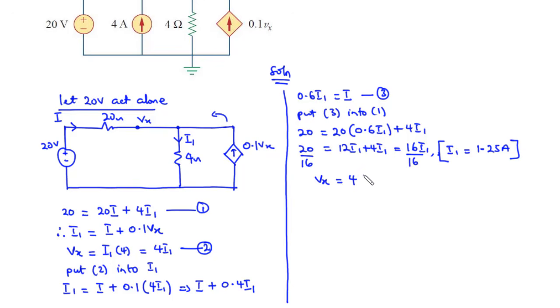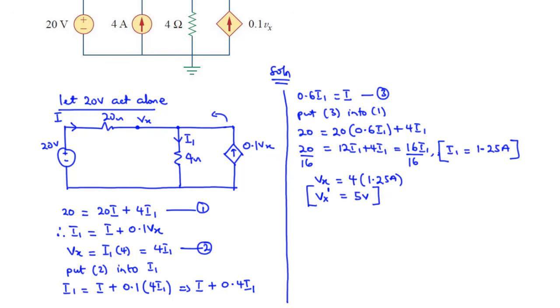So that is 4 times 1.25, and that is equal to 5 volts. Now, since Vx is as a result of 20 volts acting alone, we are going to call this Vx prime. So that is 5 volts.